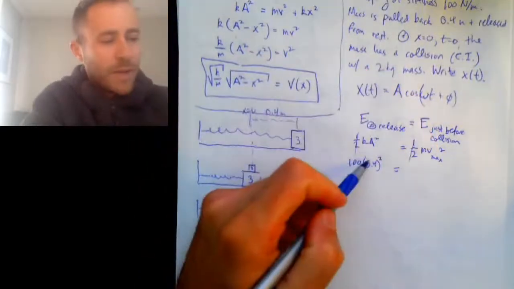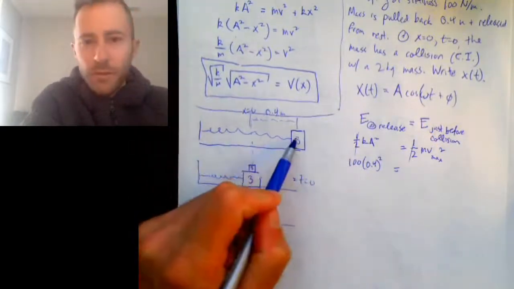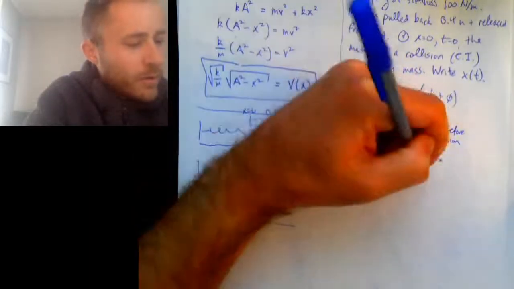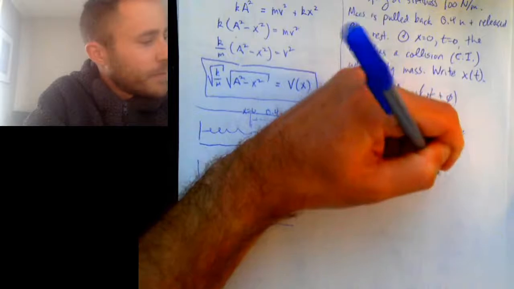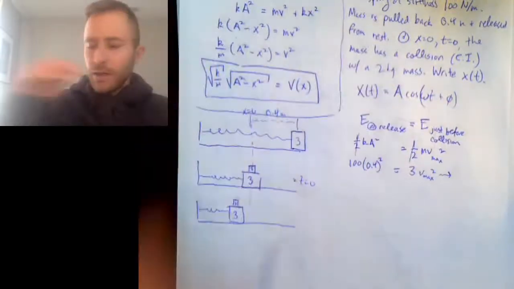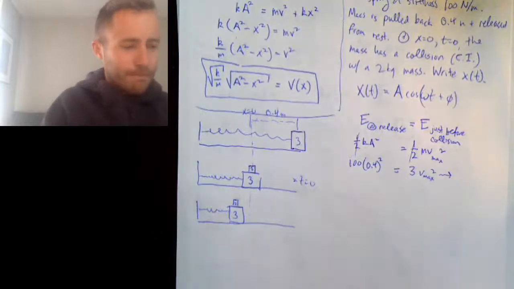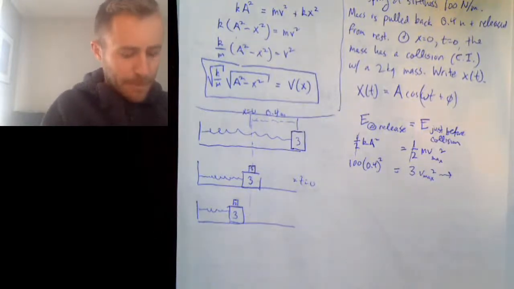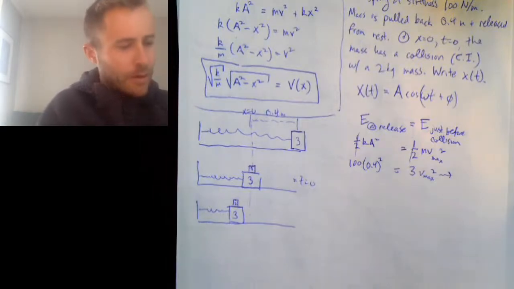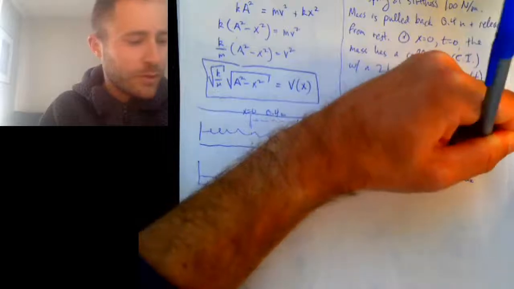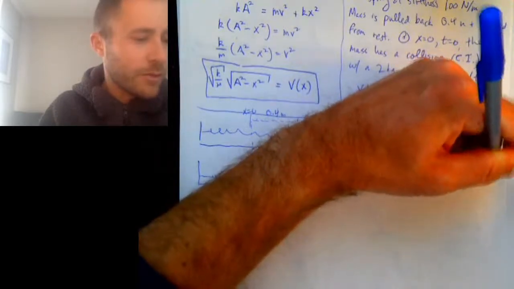So this is at release. It's pulled 0.4 meters to the right. It equals 3 V max squared. And that's going to allow me to get the maximum speed. So the maximum speed, the speed just before collision, is 2.3 meters per second.